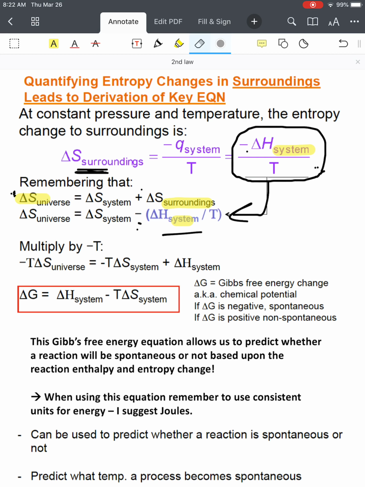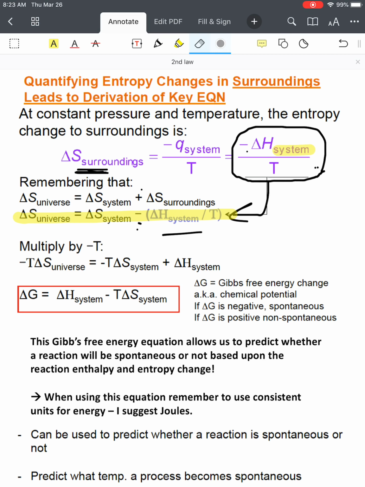This second equation that I just derived through this simple substitution, this one right here, now describes whether the process is spontaneous or not through parameters only associated with the system, the reaction system.